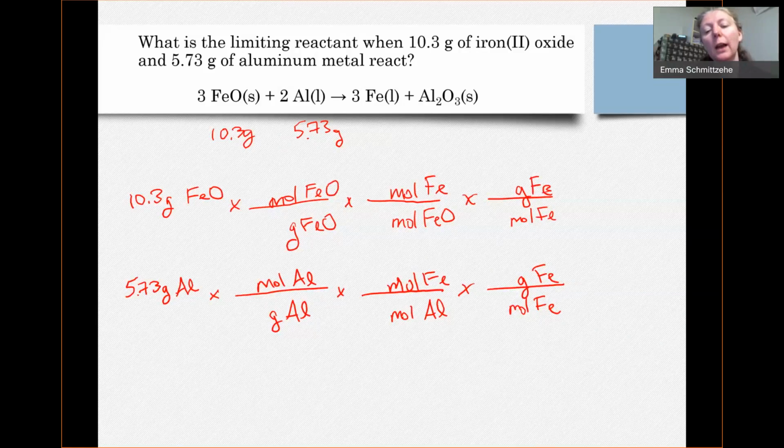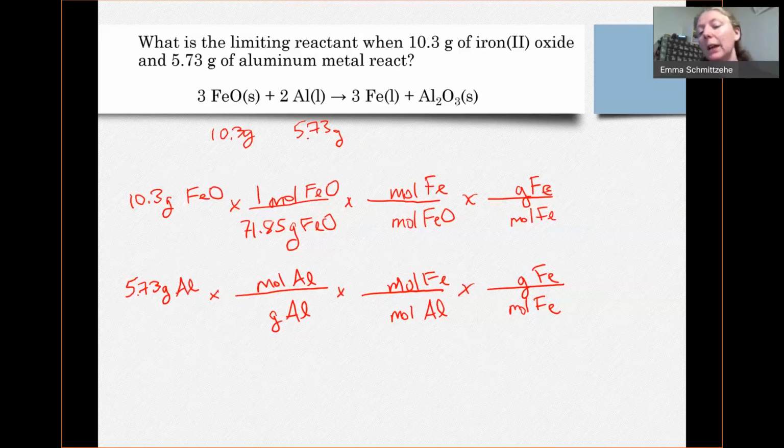The first ratio I have relates grams and moles of iron(II) oxide. So that means I need the molar mass of iron(II) oxide. One iron is 55.85 and one oxygen is 16.00. So I add those together and it tells me the molar mass is 71.85 grams per 1 mole.